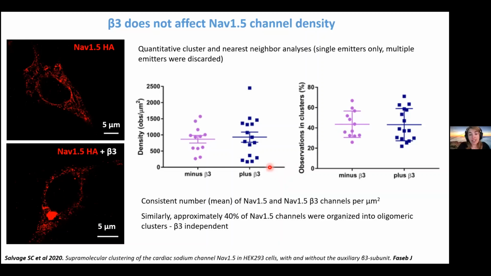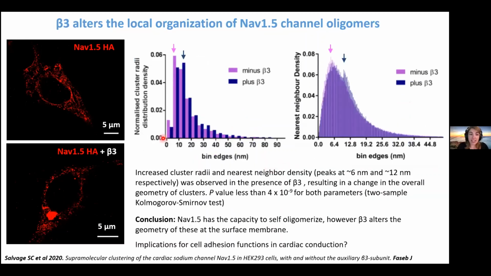Our collaborators at Harwell did some further analysis and looked at the cluster radii and the nearest neighbor density. And here is where things got interesting. In the absence of beta-3, we see a peak around 6 nanometers. But as soon as beta-3 is present, the peak shifts by about 6 nanometers. This is true also for the nearest neighbor density.